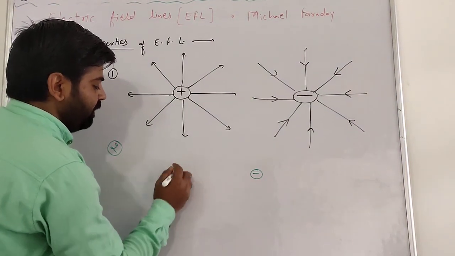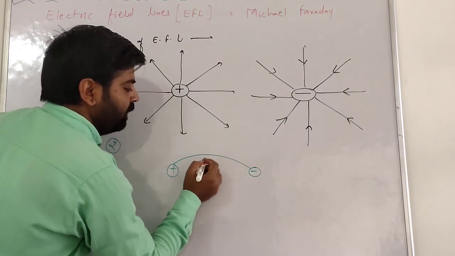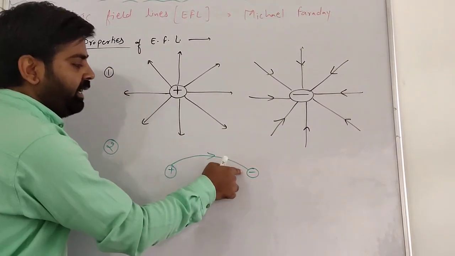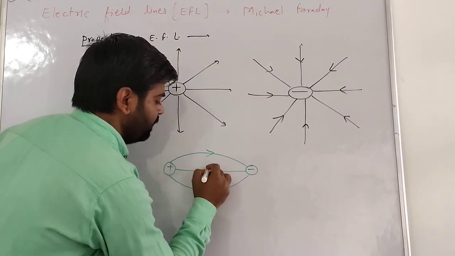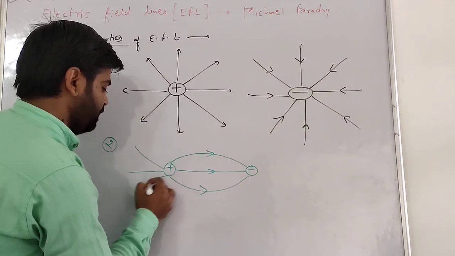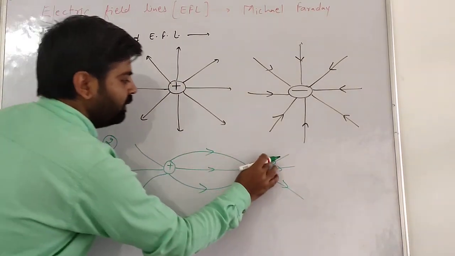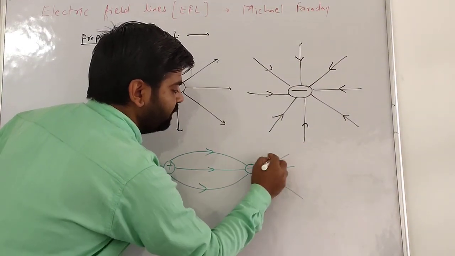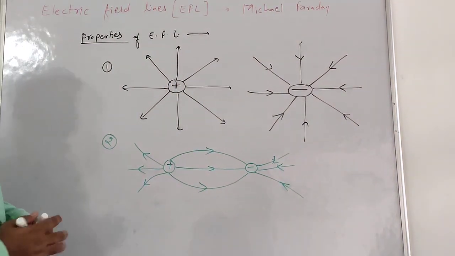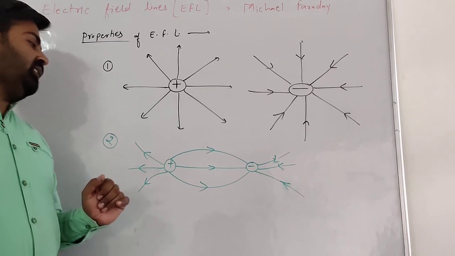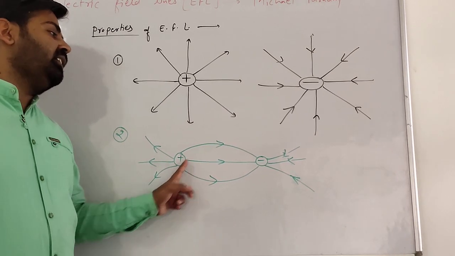Then electric field lines always start from the positive charge and end at the negative charge in this way, towards the negative charge and far away from the positive charge. So the second property of electric field line is that electric field lines start from positive charge and end at negative charge.